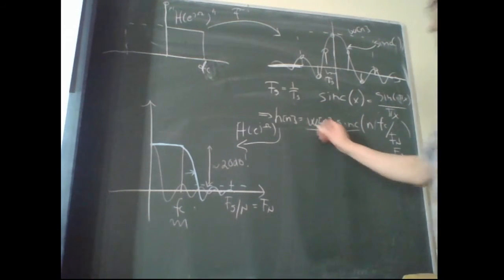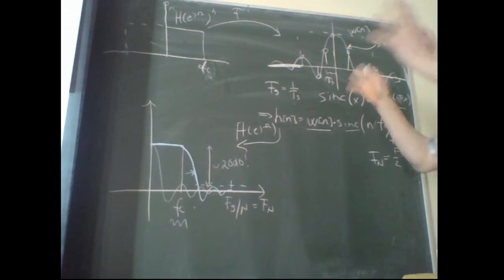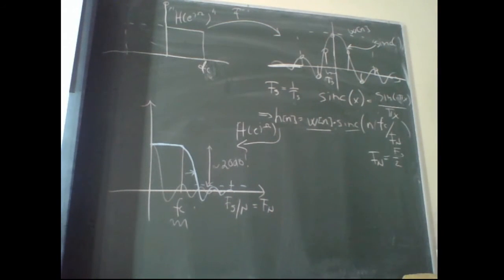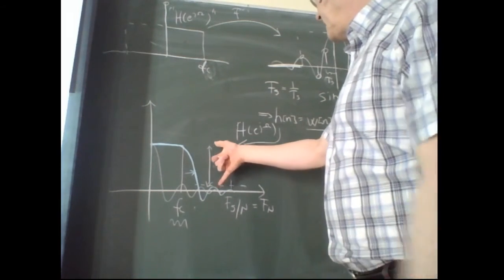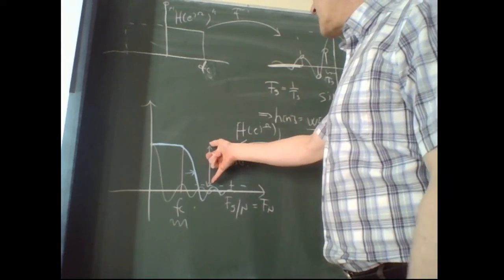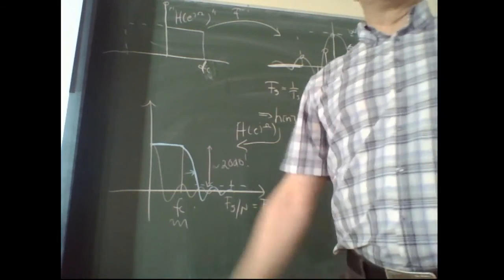By the way, I also need to scale this one, but I'll just leave it to the MATLAB part. But anyways, we have control of the cutoff frequency, which is good, but we don't have that much stop band attenuation, which is bad.